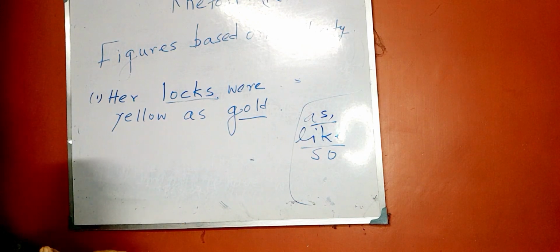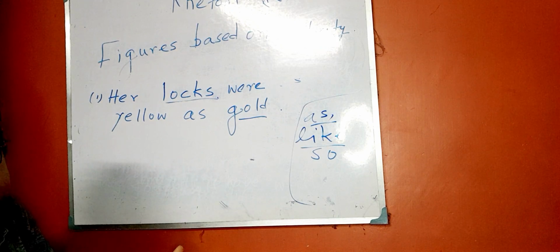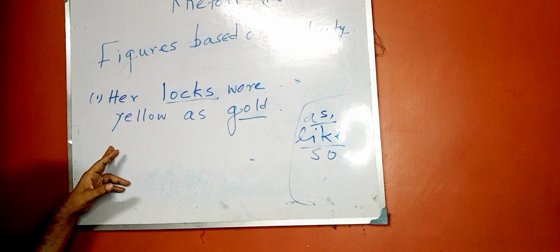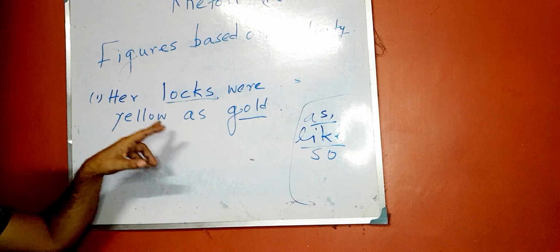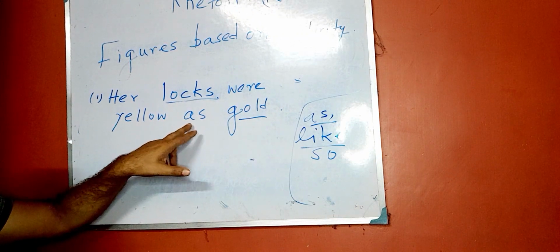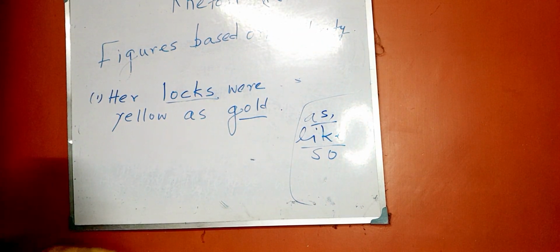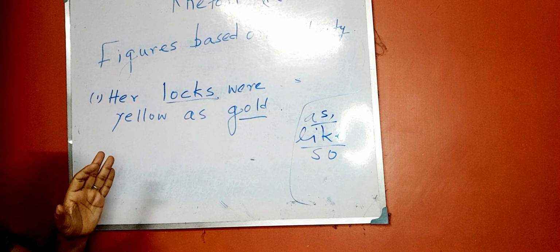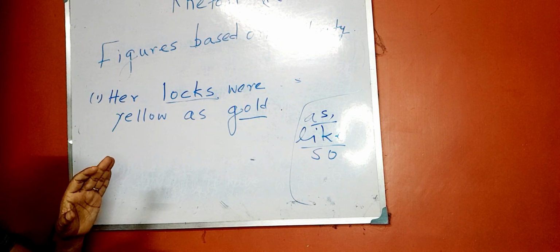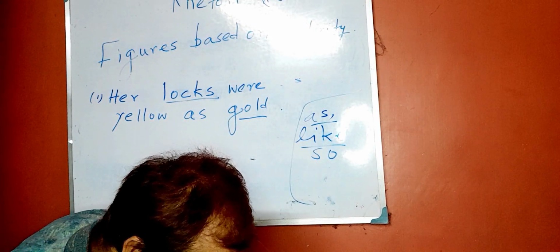They are unallied, they are not allied, and the comparison is made clear by as. The word as. Is there any confusion? No. Okay, now I am taking another example.